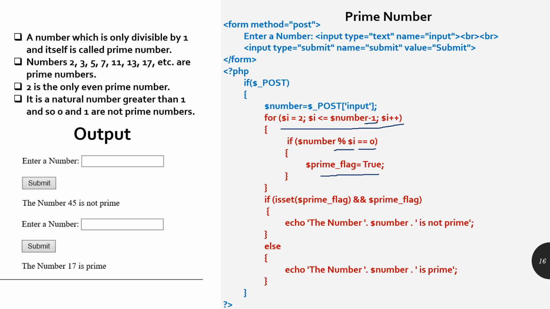If no factor is found, the number is fine. So a true condition means a factor is there and the flag is enabled. That is the meaning. Clear now?